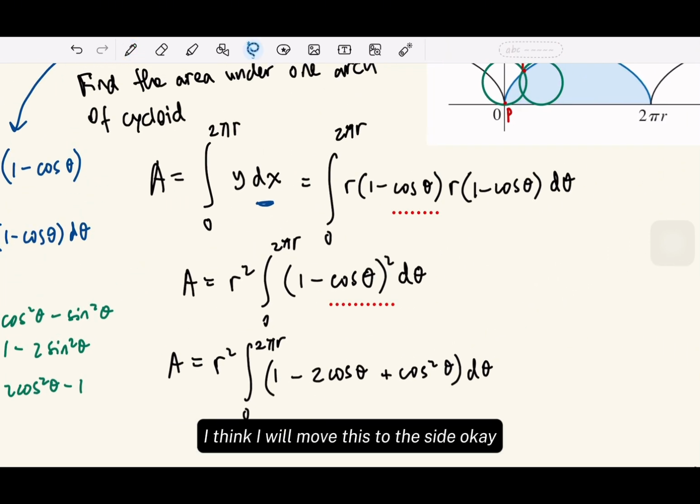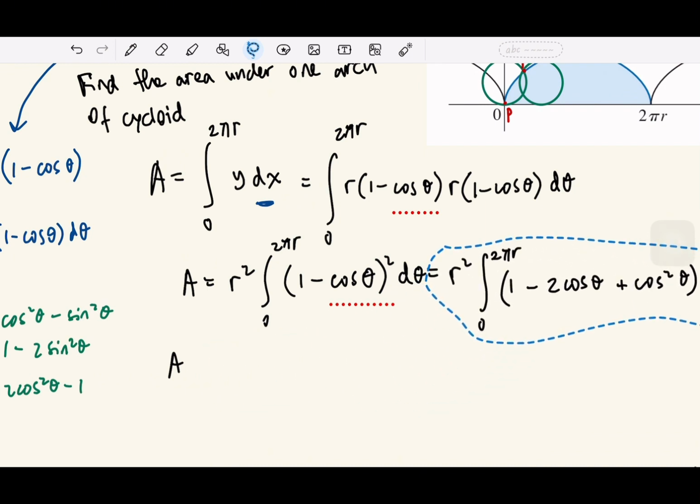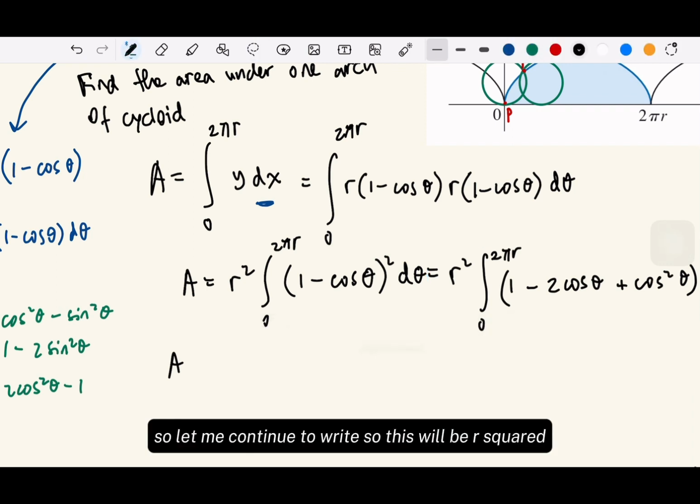I think I will move this to this side. So let me continue to write. This will be r squared.